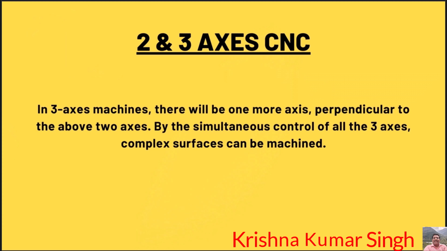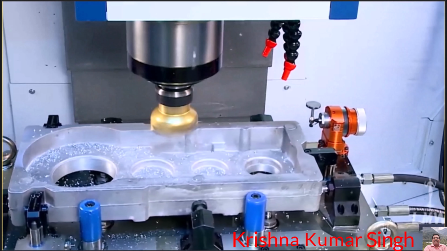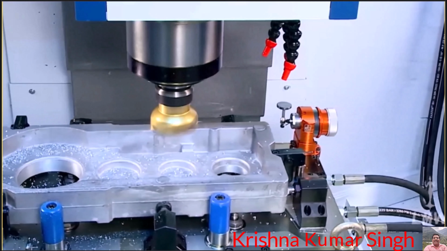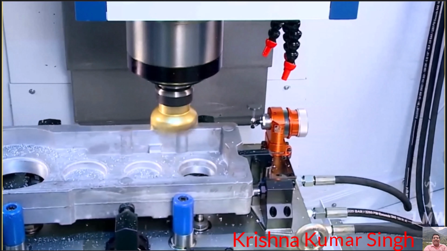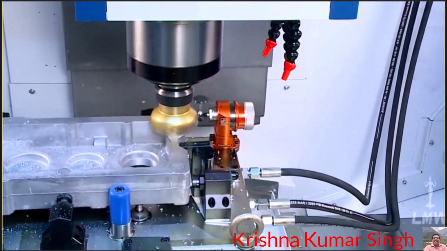In 3 axis machines, there will be one more axis, perpendicular to the above 2 axes, with motion along the vertical direction of the table, as in milling machines. By the simultaneous control of all the 3 axes, complex surfaces can be machined. A milling CNC is the best example of the same.